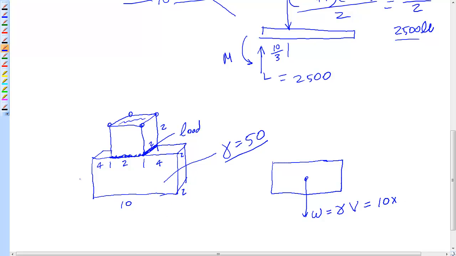Oh, I didn't state the height. Let's make this 5. So it's 10 by 2 by 5, and then that's the volume, and then multiply that times 50. 5 times 2 is 10, then another 10, that'd give me 100, and then multiply it times 50. I get a weight of 5,000 pounds.